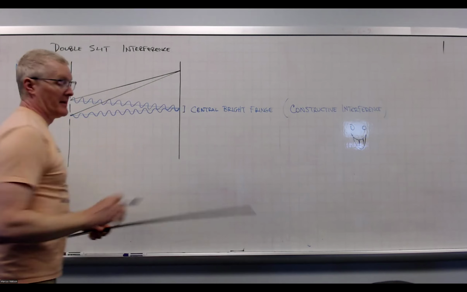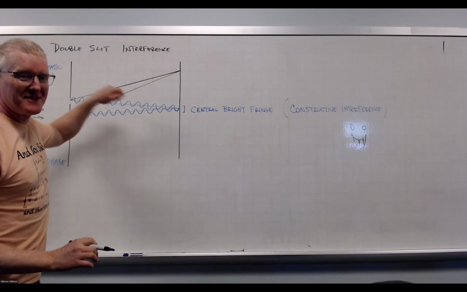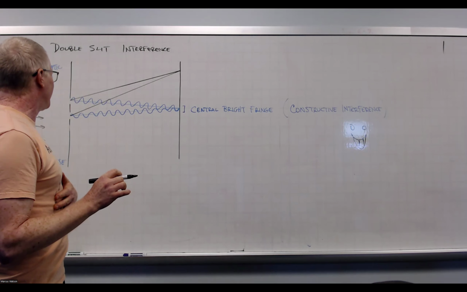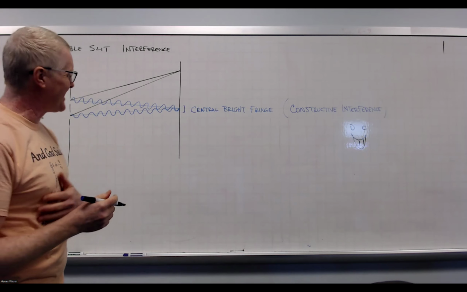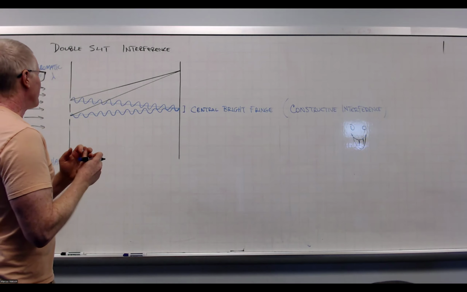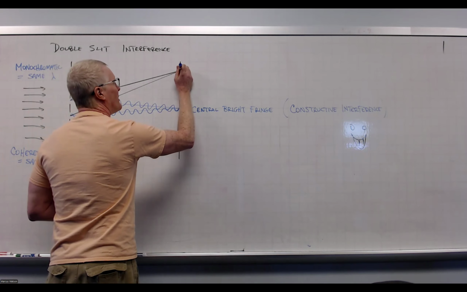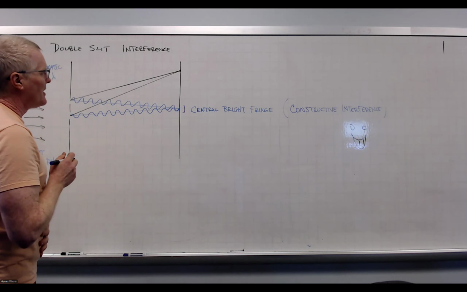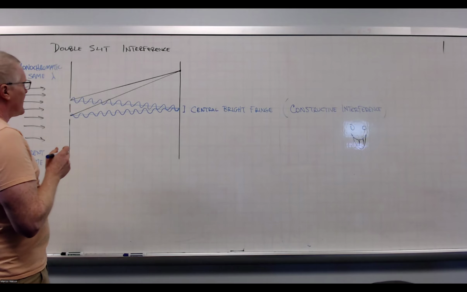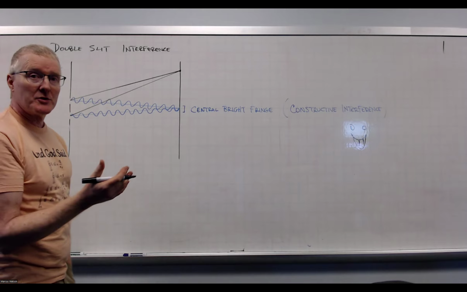Now, I could try to draw the waves again, but I'm not going to, because it's just going to get a little busy. I'm going to just say, suppose the waves get here, and I want to know what kind of interference we have.